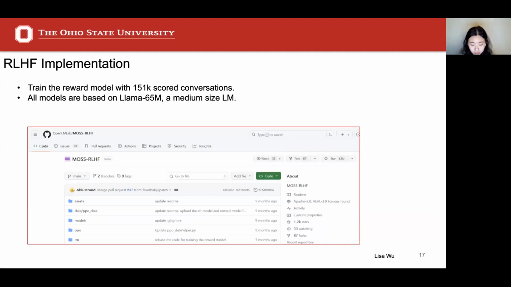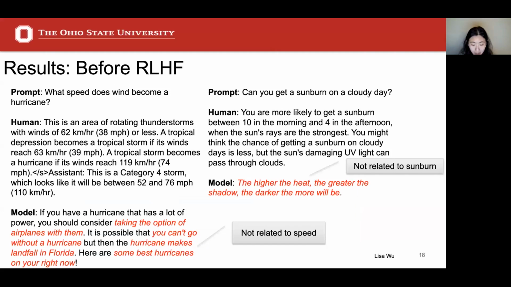We trained the reward model with 151,000 scored conversations. All models are based on Llama with 65 million parameters, a medium-sized language model. Now, we would like to show some demos from our model.